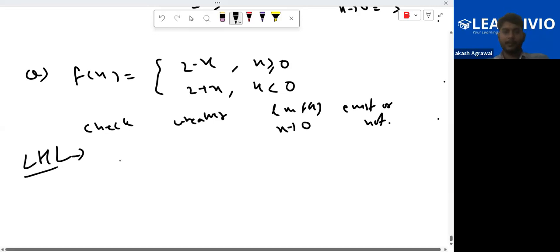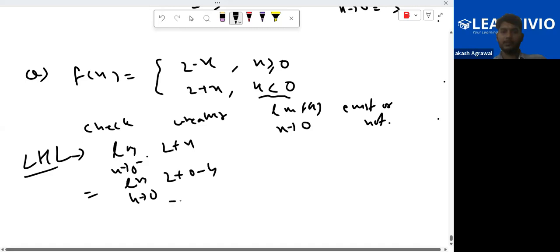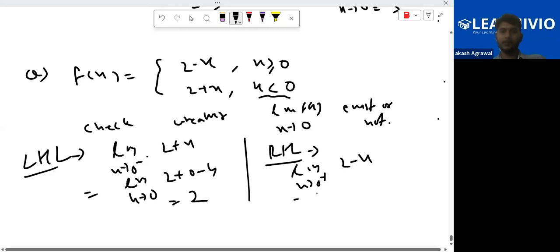Okay, let's see. LHL here will be limit x tending to 0 minus f of x, where x is less than 0, that means 2 plus x. Okay, so limit h tending to 0, 2 plus 0 minus h is 0, so LHL is 2. RHL will be limit x tending to 0 plus and more than 0, that means 2 minus x will be used.